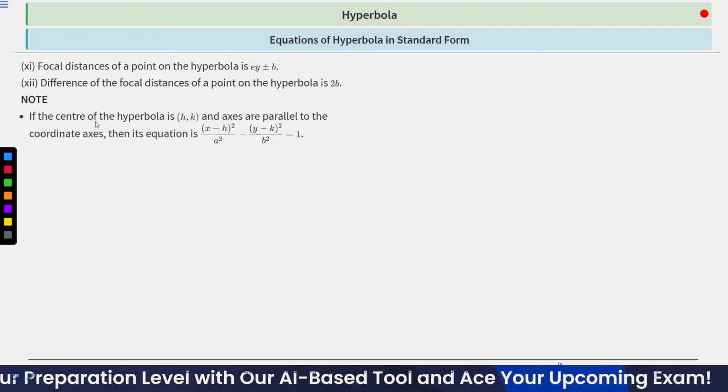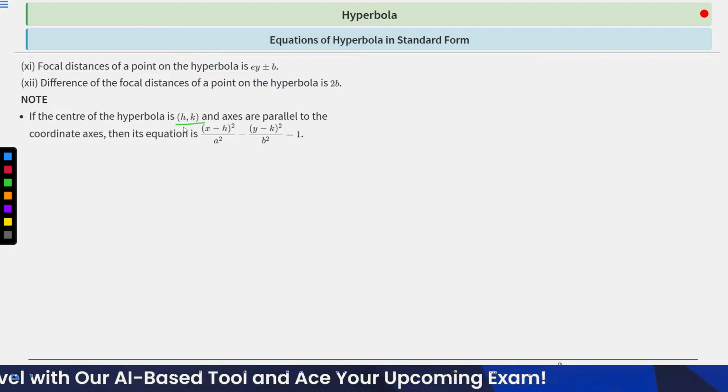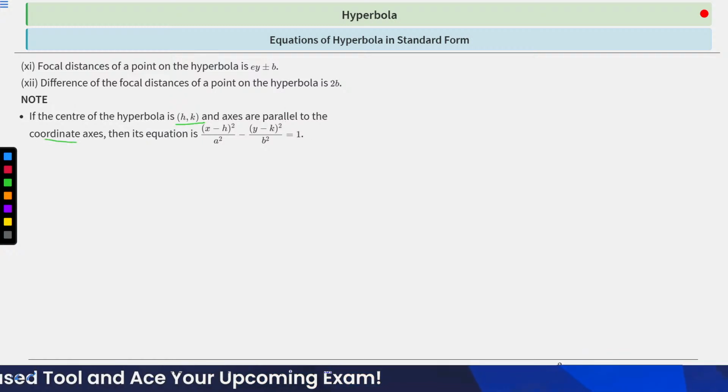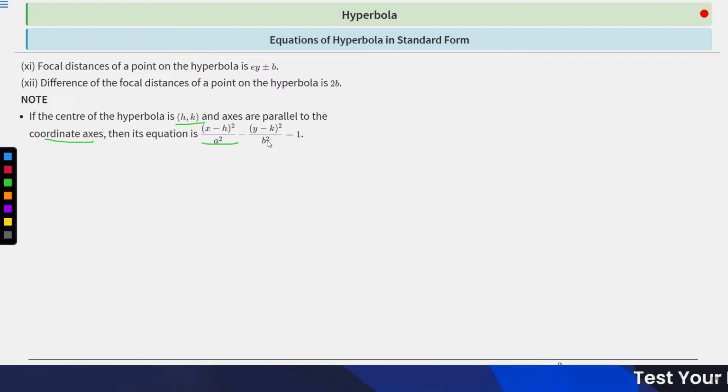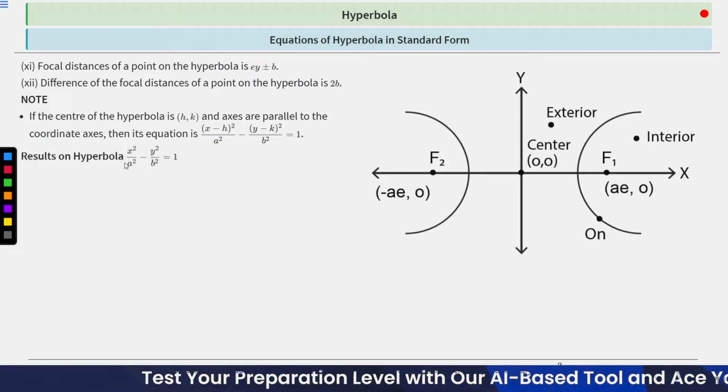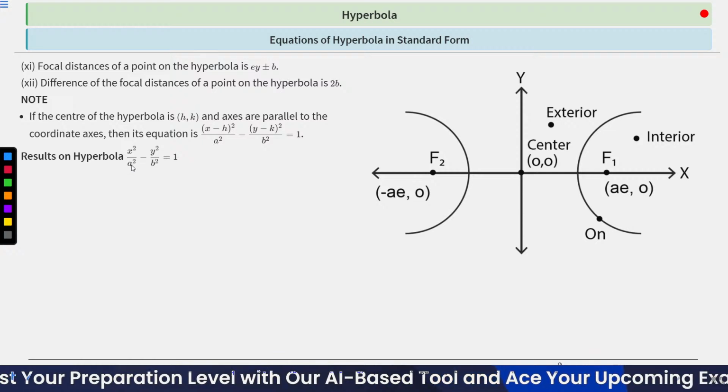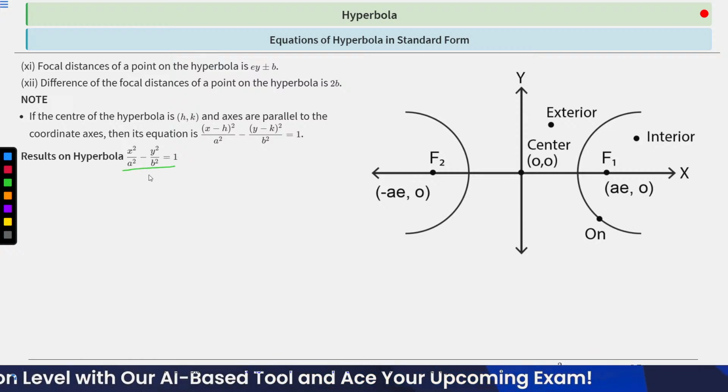There is a note. If the center of the hyperbola is (h, k) and the axes are parallel to the coordinate axes, then the equation will become (x minus h) whole square divided by a square minus (y minus k) whole square divided by b square is equal to 1. Now, results on the hyperbola x square by a square minus y square by b square is equal to 1.